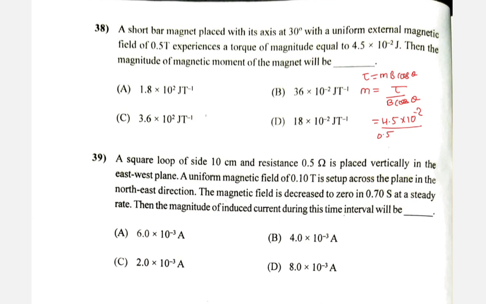Sorry, in this equation torque is a vector quantity, so torque is equal to m vector cross B vector, meaning mB sin theta. Therefore m is equal to torque upon B sin theta. So 4.5 into 10 to the power minus 2 divided by 0.5 and sin 30 is 1 by 2.